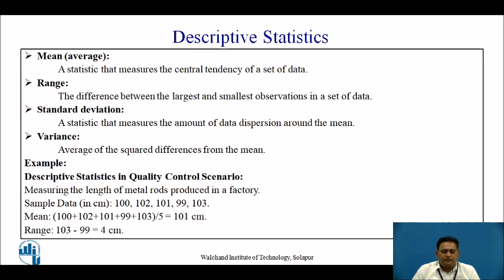The rods are of various lengths, and if we want to determine the mean, we have to take the average of all these. The value of the mean of these rods is 101 centimeters. For the range, we take the highest value, 103, and the lowest value, 99. The difference between these is 4 centimeters. In this way, we can go on to define the standard deviation as well as the variance of the particular product or lot.